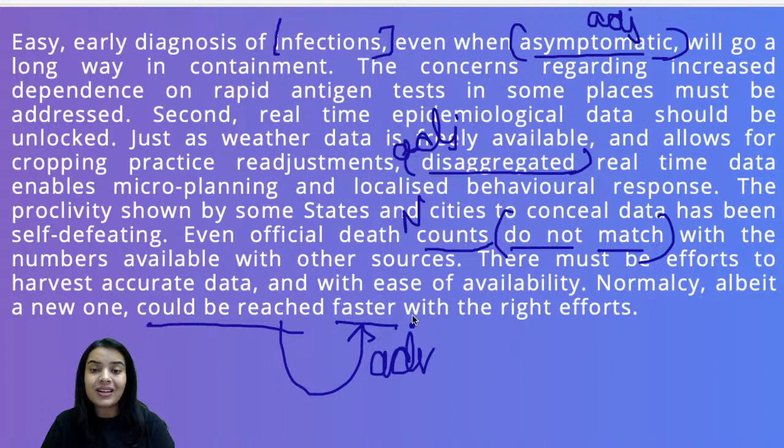I see this faster is not modifying or qualifying any noun, but it is only helping me to have a deeper understanding of my verb. Because of this, in "could be reached faster", I know this is an adverb and I will use all my rules to check it, to change it as per the rules applicable on adverbs.